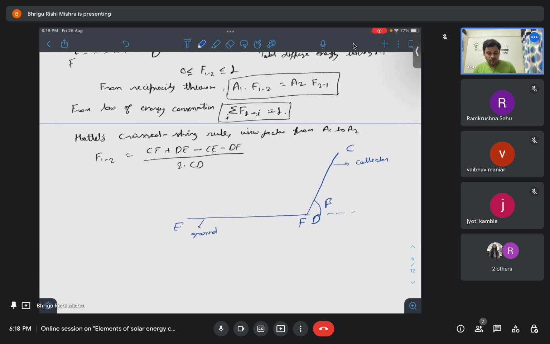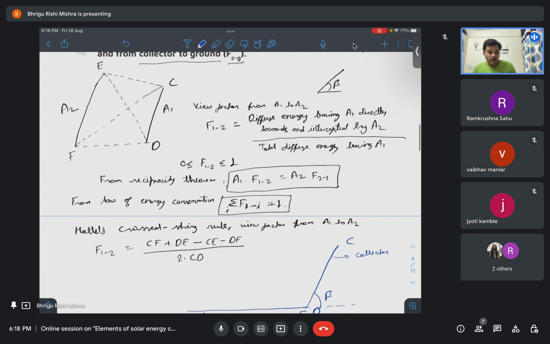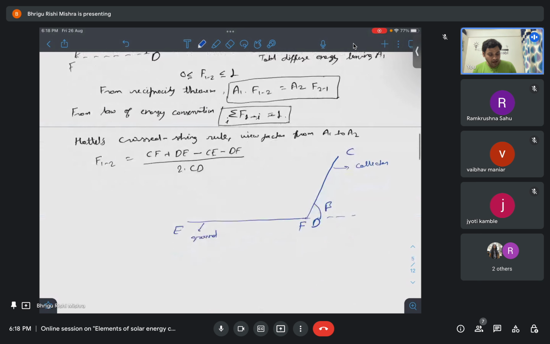For this view factor we can calculate only by considering that the collector C and ground G are infinite in length.